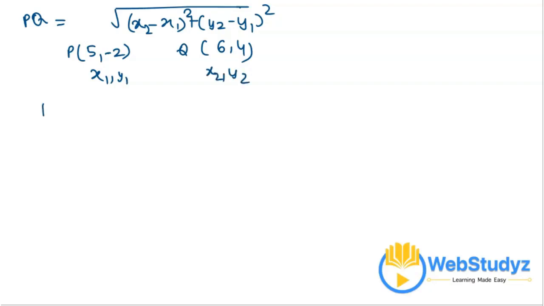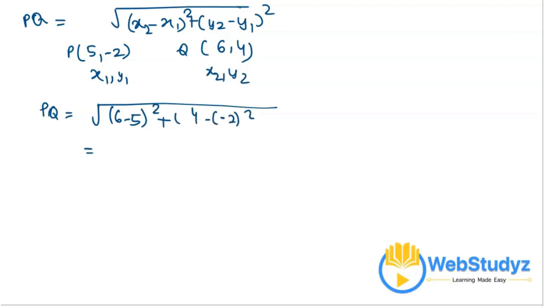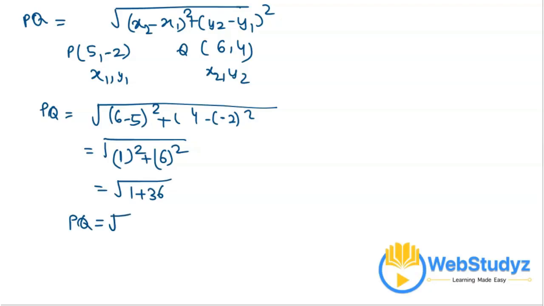So PQ is equal to the square root of (6 minus 5) whole square plus (4 minus (-2)) whole square. So this is equal to 6 minus 5 is 1, so 1 square, and 4 plus 2 is 6, so 6 square. 1 square is 1 and 6 square is 36. So we get the value of PQ, which is equal to the square root of 37.